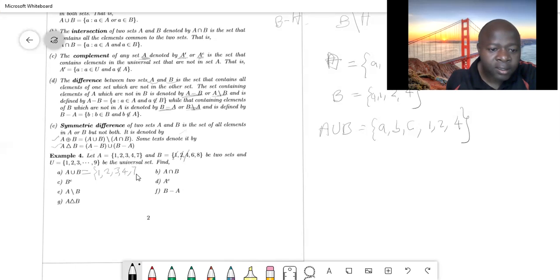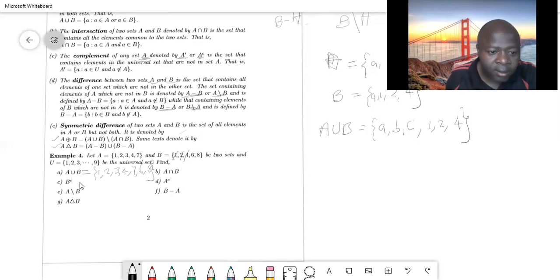I've not listed 6 and 8 yet. So this is the union, the set comprising 1, 2, 3, 4, 7, 6, and 8. The order in which you list these elements does not matter; you can list them in any way.